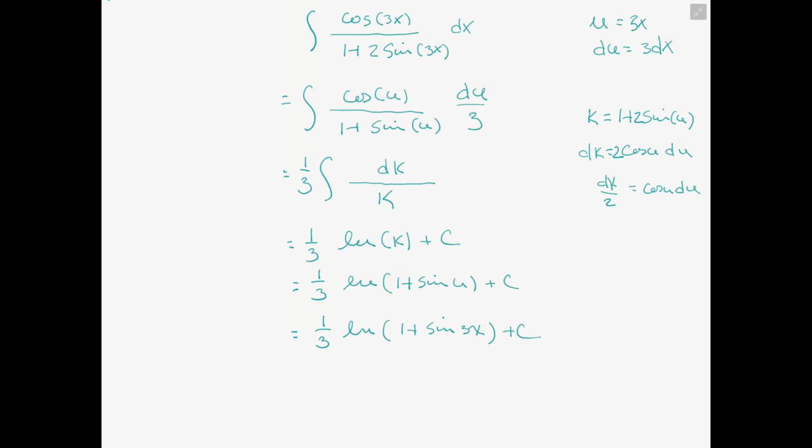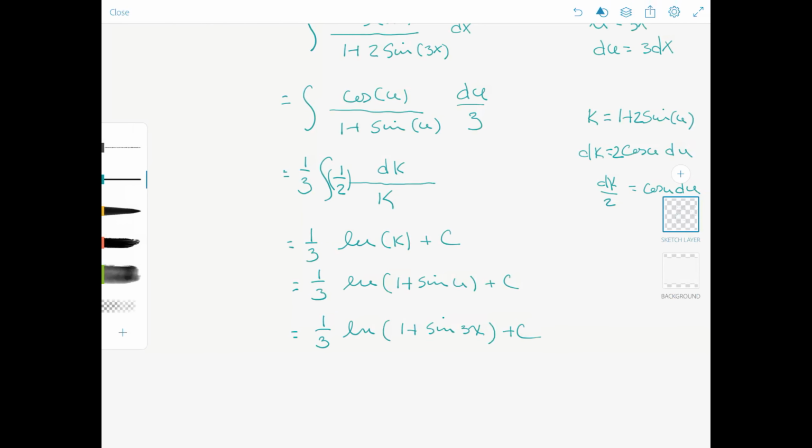So that means dk on 2 equals cosine u du. And that would be 1/2.